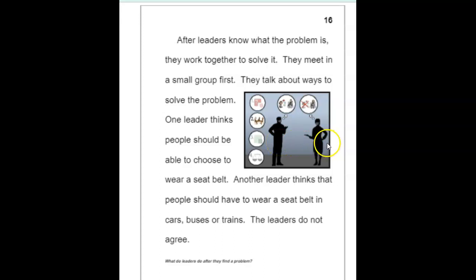Another leader thinks people should have to wear a seatbelt in cars, buses, or trains. The leaders do not agree. So, my question for this page is, what do leaders do after they find a problem? Let's think about that and talk about it.